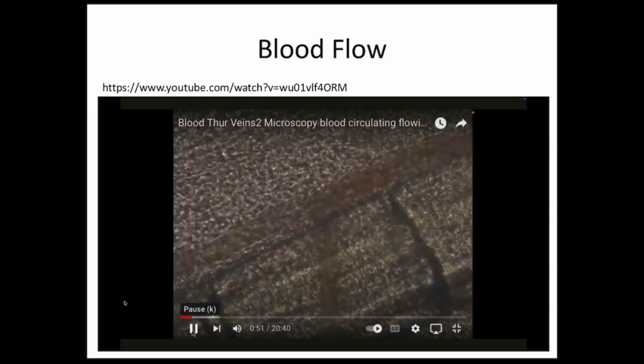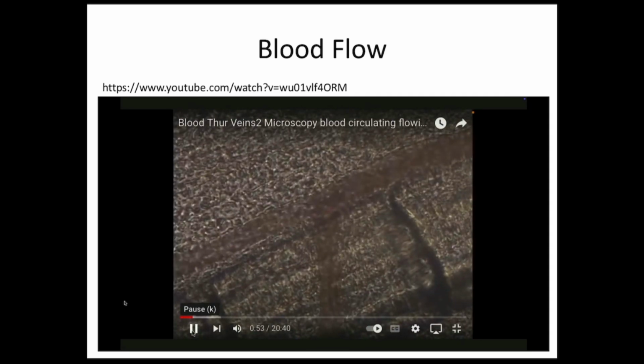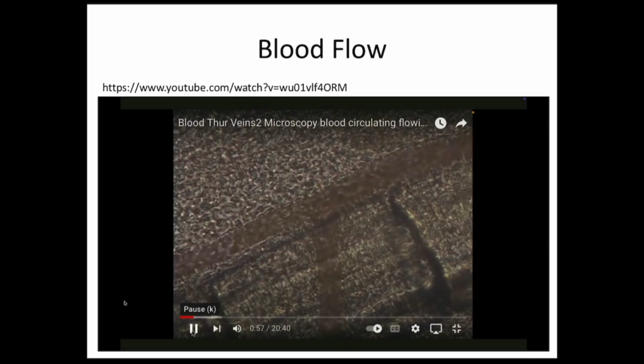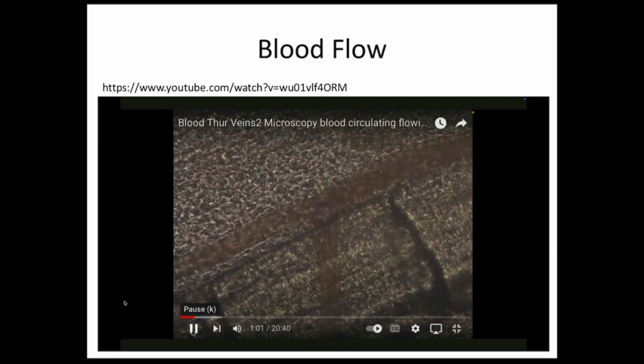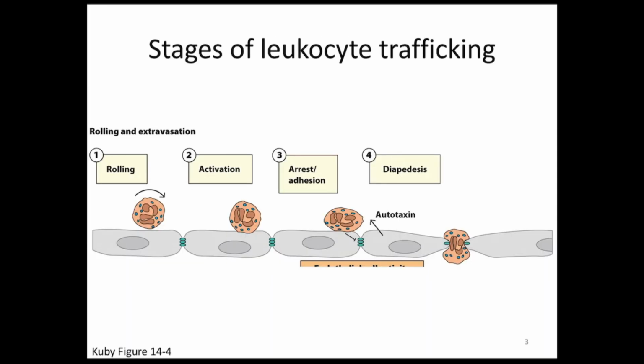As we discussed last time, we can't just have this happening in a slow, unregulated way. So we have to have this three-step process happening in order to get our cells to go to the right location.